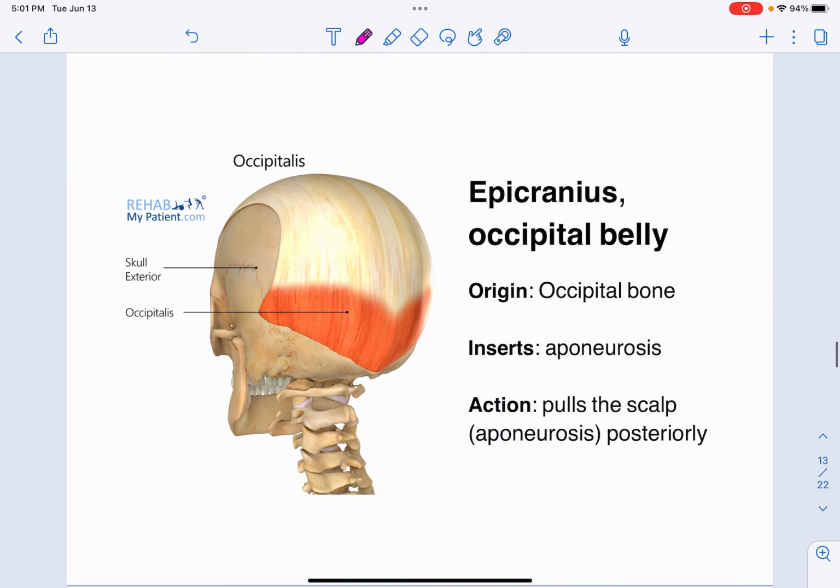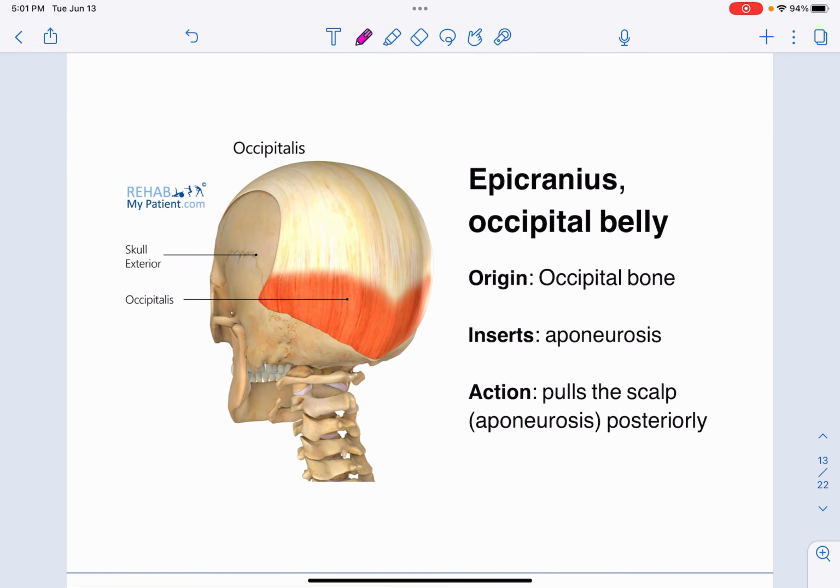So here is the occipitalis. It originates at the occipital bone here. It inserts into the aponeurosis as well. And it's going to pull the scalp back. So again, as you raise your forehead, think of it as one fluid motion from front to back.